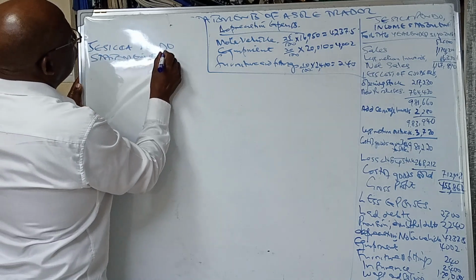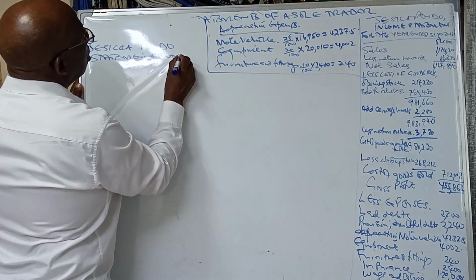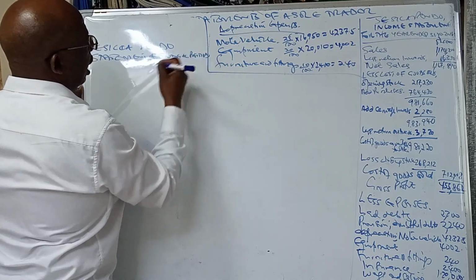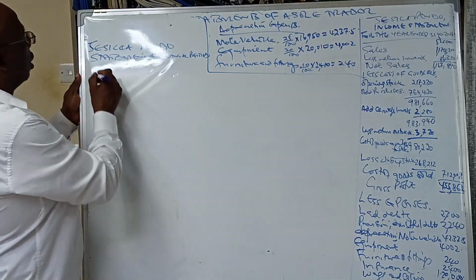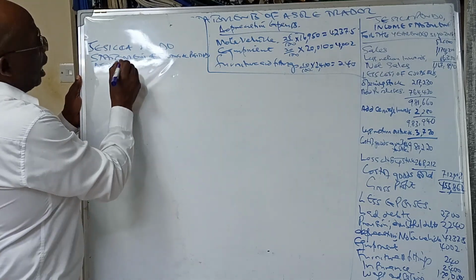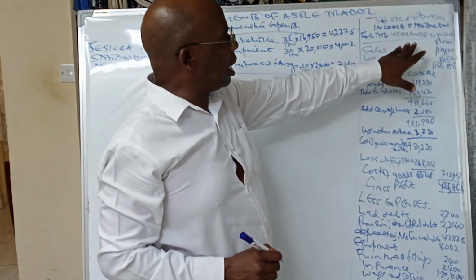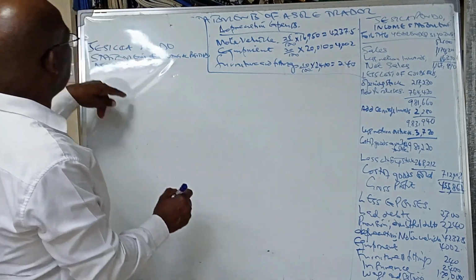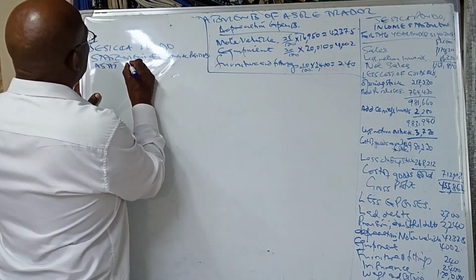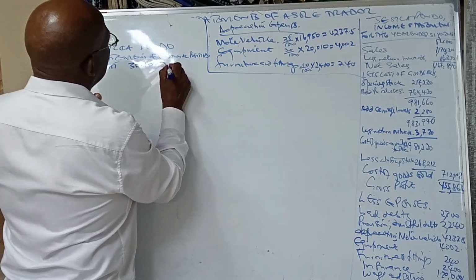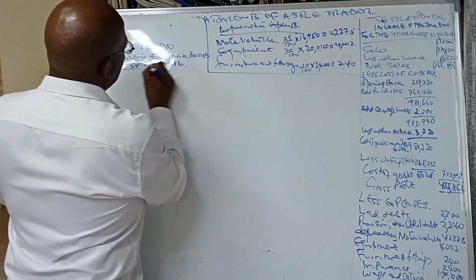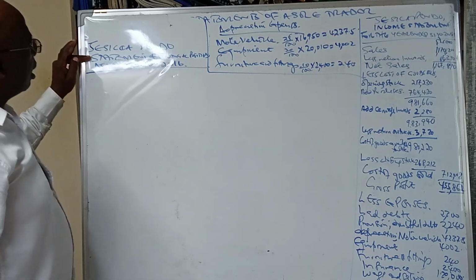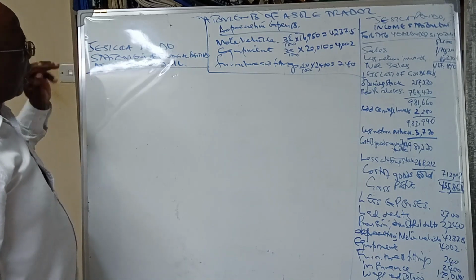That's the balance sheet. Please note that in the income statement it says for the year ended, but in the balance sheet we say as at 30th of October 2016. Please look at the format: the name of the firm, the nature of the financial statement, and the date.